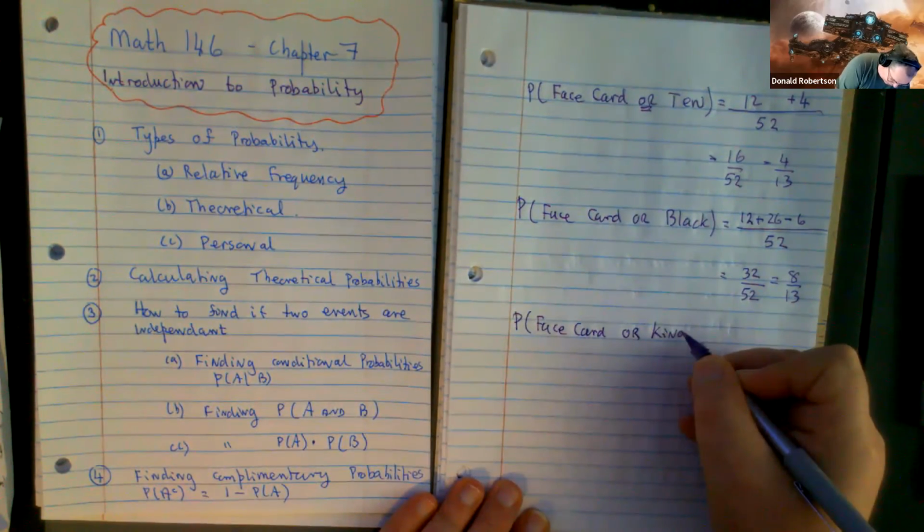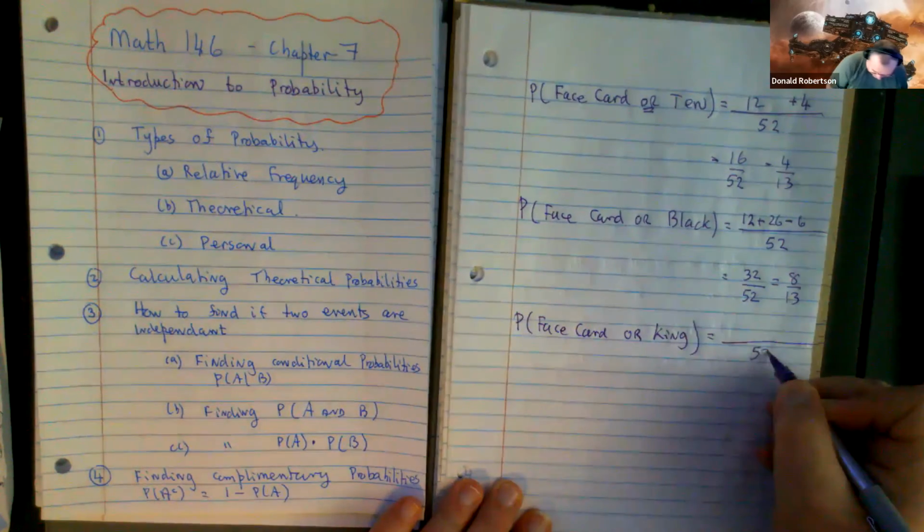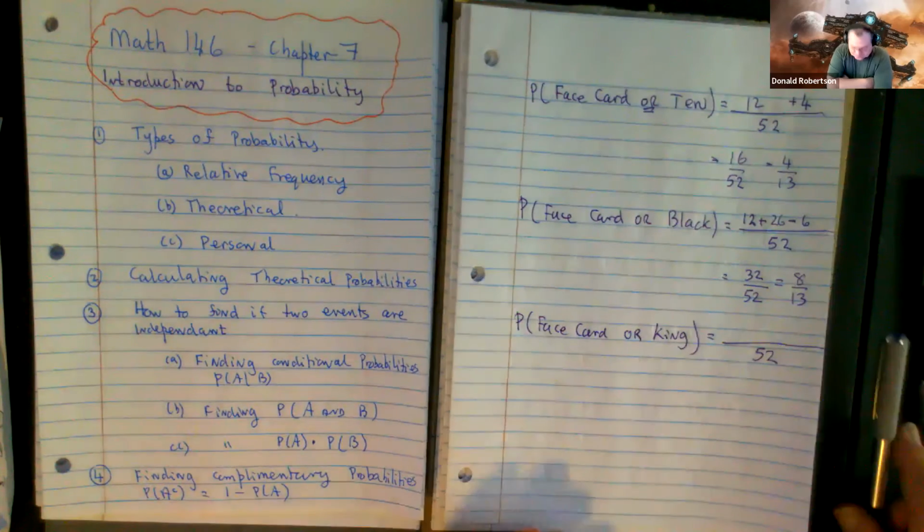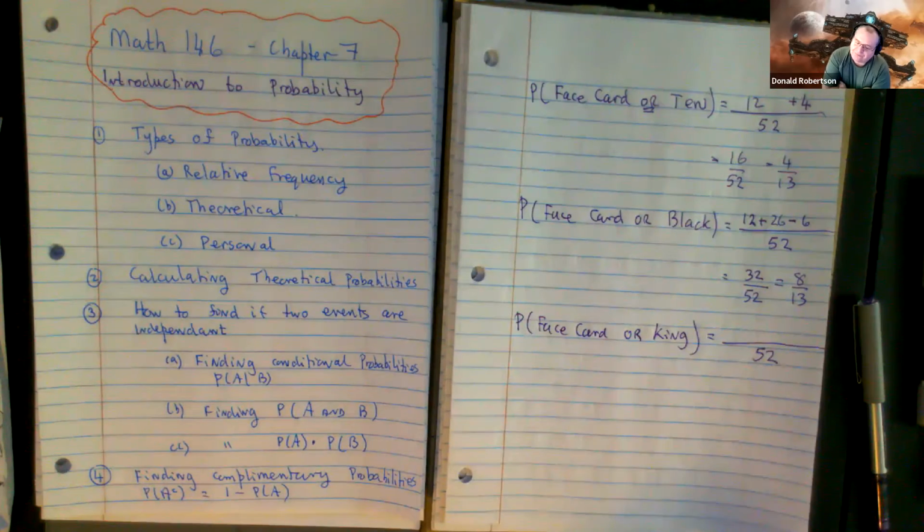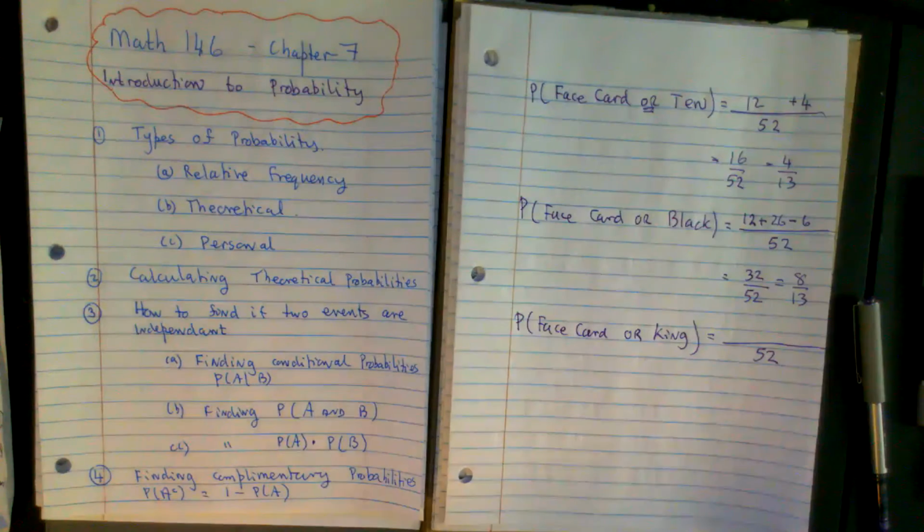So what's this one? And it's a trick question. Wouldn't it just be 12 because a face card is a king?